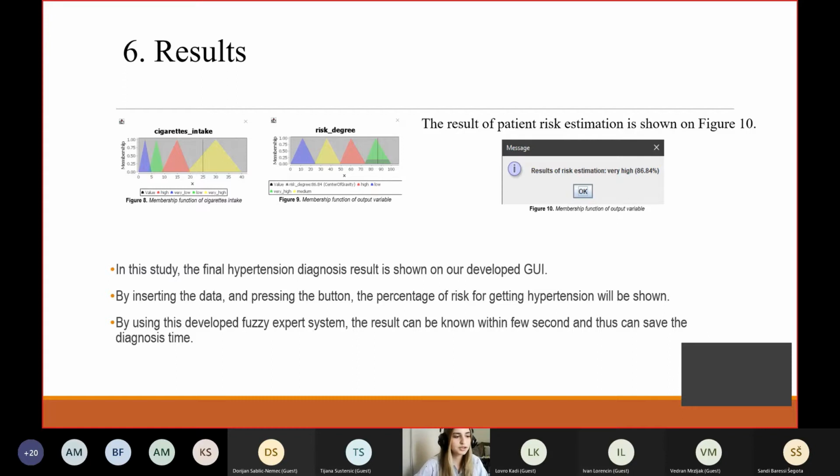By using this developed fuzzy expert system, the result can be known within a few seconds and thus can save diagnosis time. So the aspiration of artificial intelligence, and thus of expert systems as a subfield of artificial intelligence, is the development of a system capable of making a decision in the way a human being does.